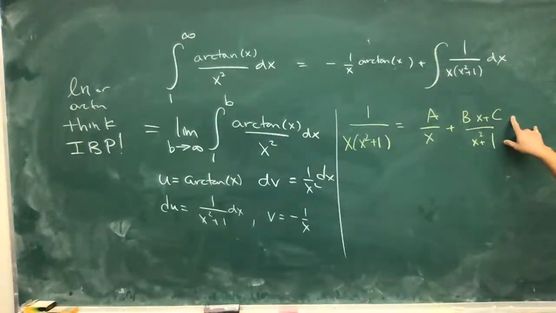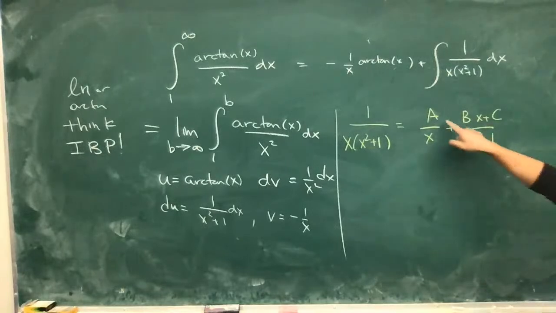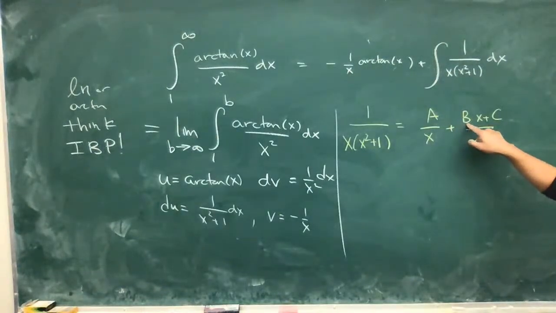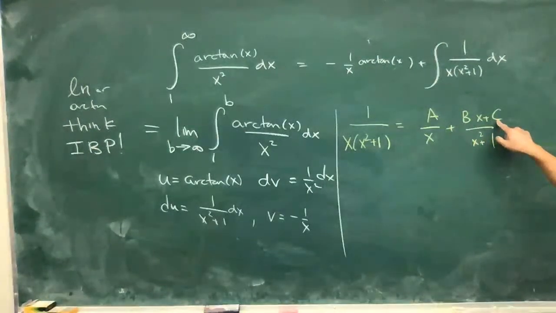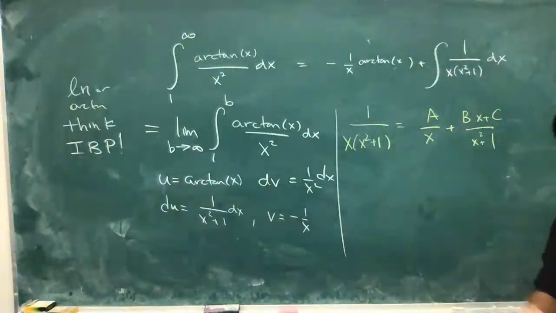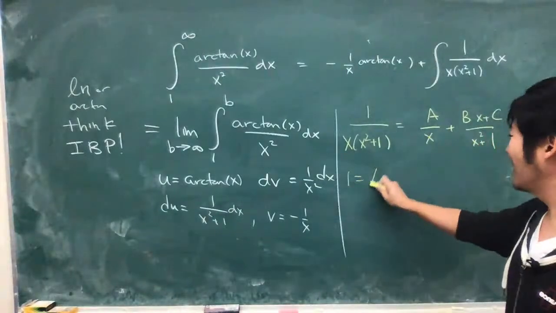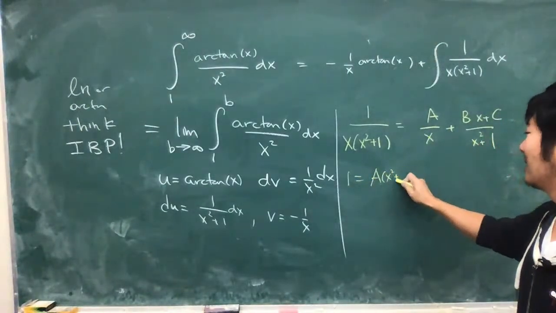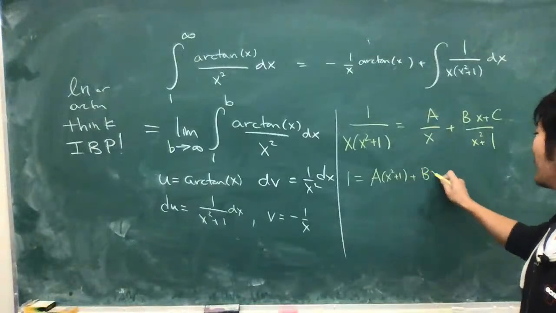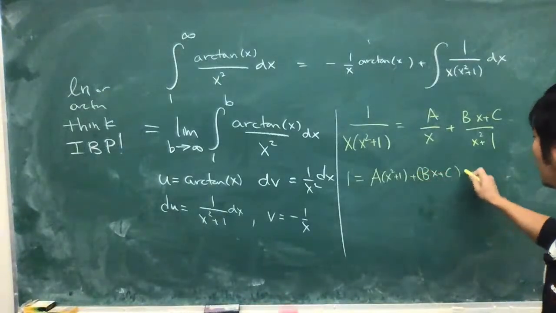So maybe 1 and negative 1? Well, let's just do it. So it's going to be 1 equals a times x squared plus 1, plus bx plus c times x.